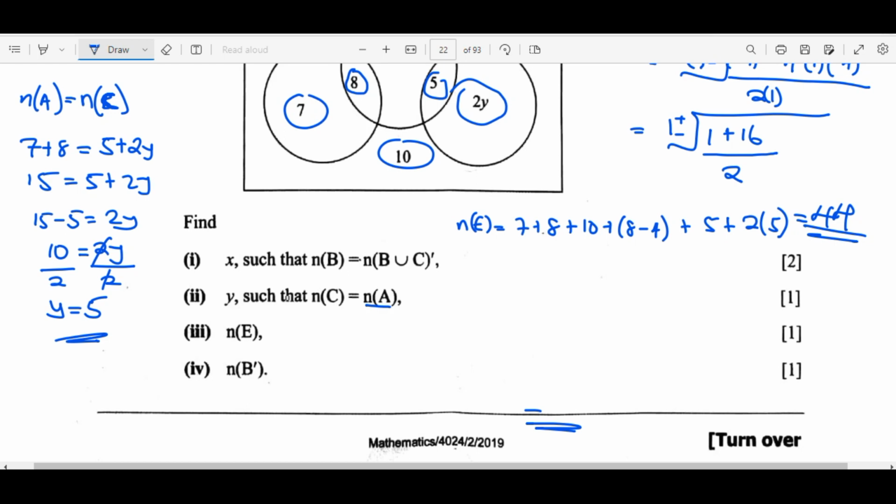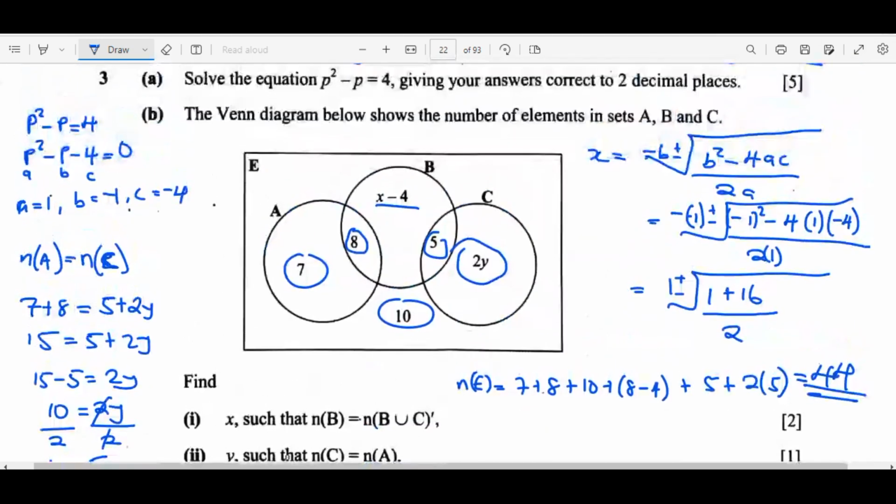And then we go to complement. When we say complement B, meaning we don't have to include what is in B. Everything that is in B, don't include. So we are saying we're going to consider only 7, and then 10, and then also this.